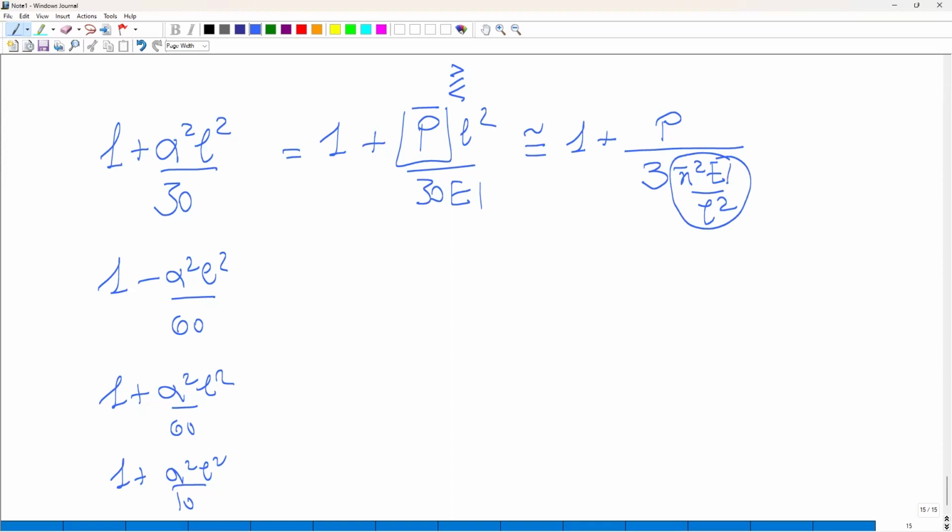That is the critical load of the simply supported beam, so it's like a basic number. So we can call, with the Greek letter ni, the ratio between the axial force applied on the beam divided by the Euler critical load of the simply supported beam. This already gives you a warning.